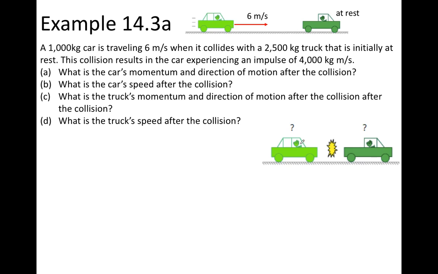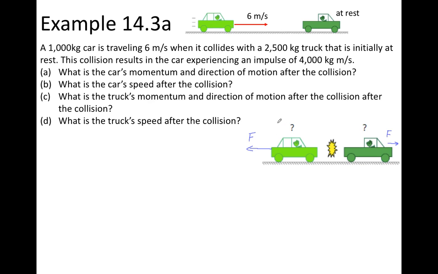So when the car and the truck collide with each other, they're going to exchange forces. The truck will exert a force on the car backwards. That same force is going to be exerted forwards on the truck. These two forces complete an action-reaction, Newton's third law force pair.